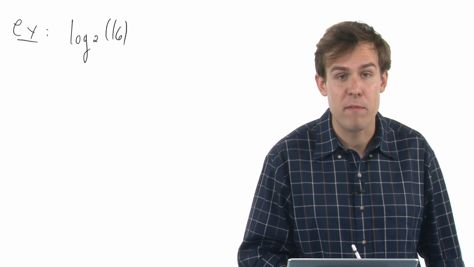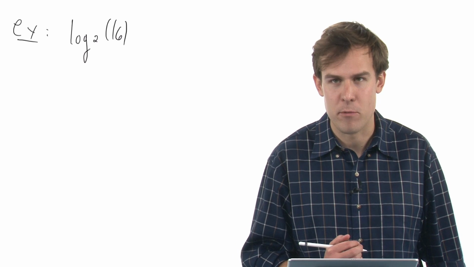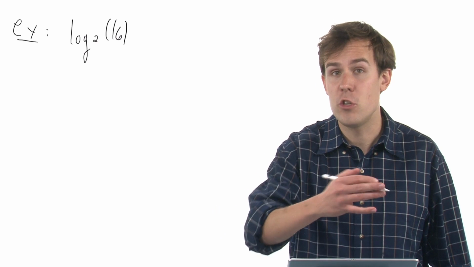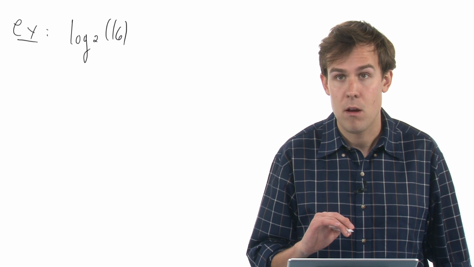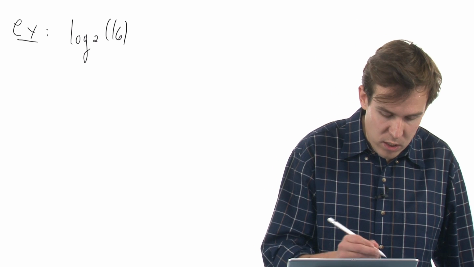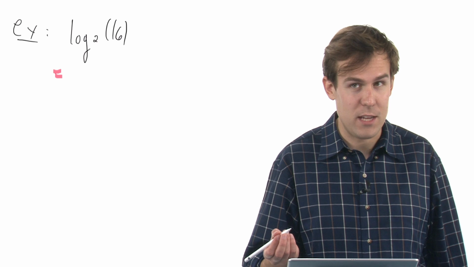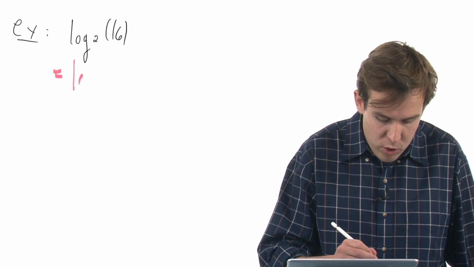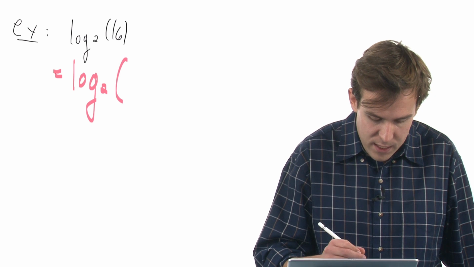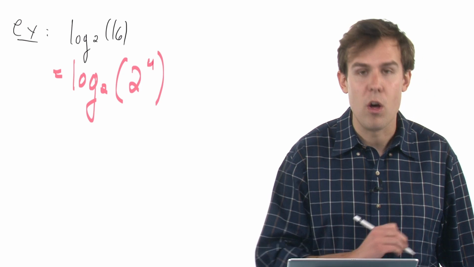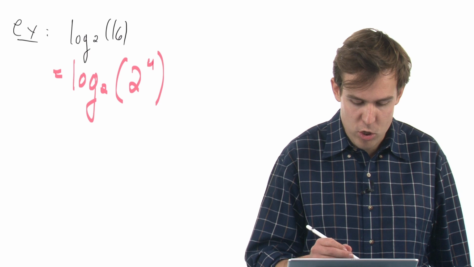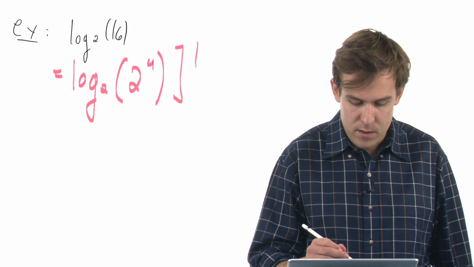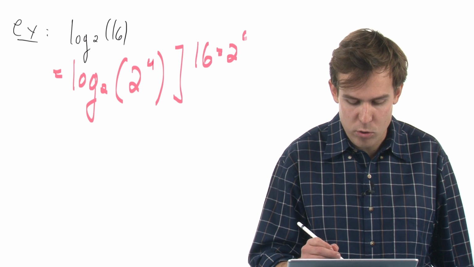Sometimes we can actually simplify them down to just very basic numbers. So here I have log base 2 of 16. What's the easiest way to handle this? Well, you could remember exactly what this is. This is perhaps one you could commit to memory. Something else you could do would be to write this as the logarithm of an exponential, just noting that 16 is equal to 2 to the 4.